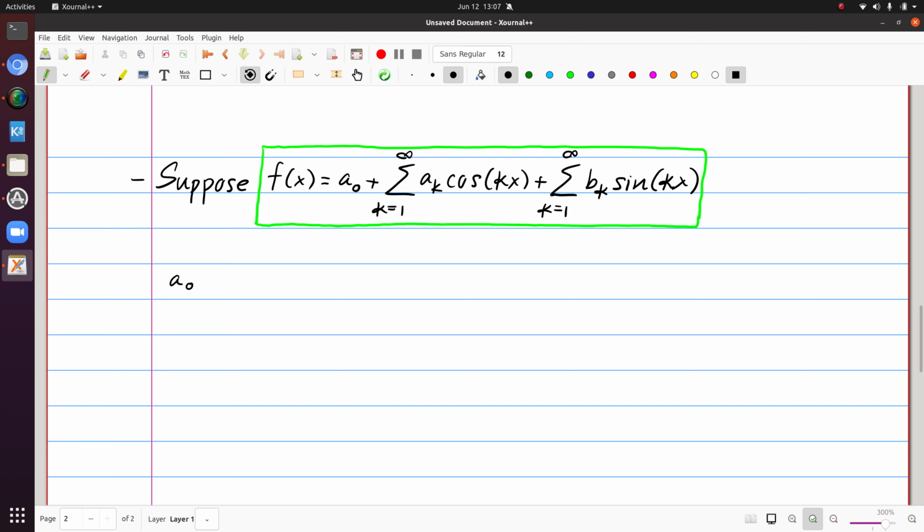So let's look at how we come up with this. If I integrate both sides of that equation from minus pi to pi, then those should still be equal.